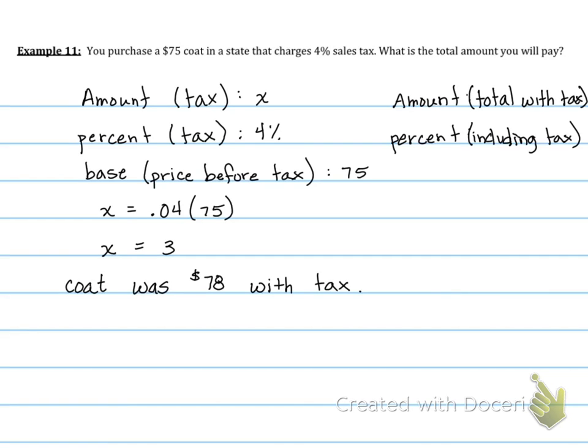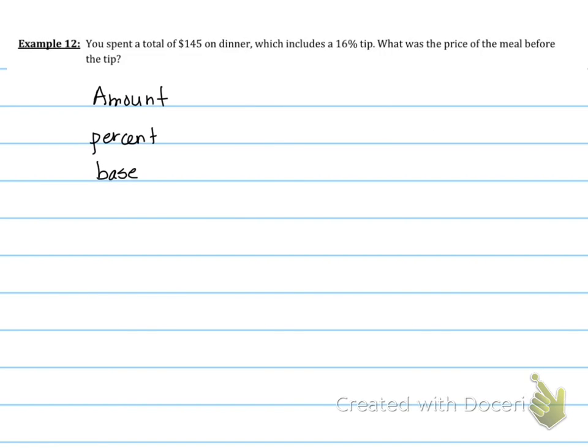So in the last problem, I decided to set it up that way because I was working with what they gave me. They gave me that 4%, and I was like, oh, that's the tax. And so that's why I made my percent and amount represent just the tax, because I'm just working with what they give me. What did they give me here? Well, they give you the total. They give me the total, right? Is that the base?